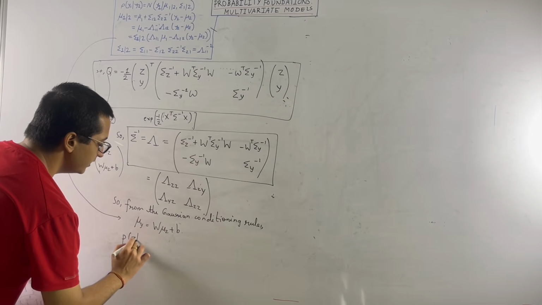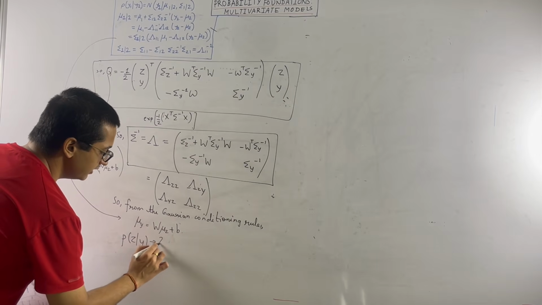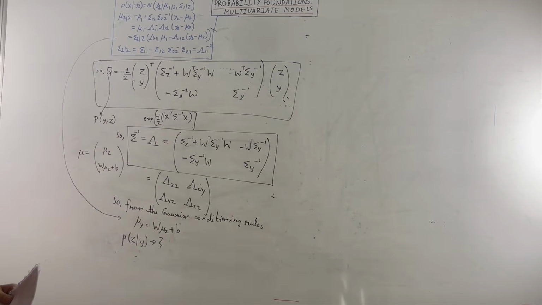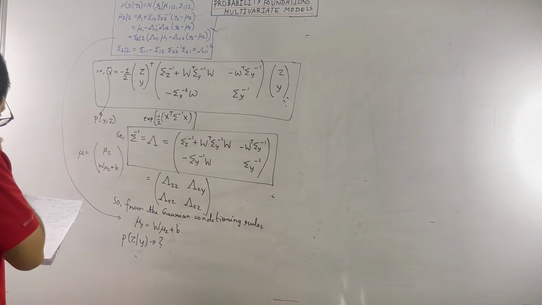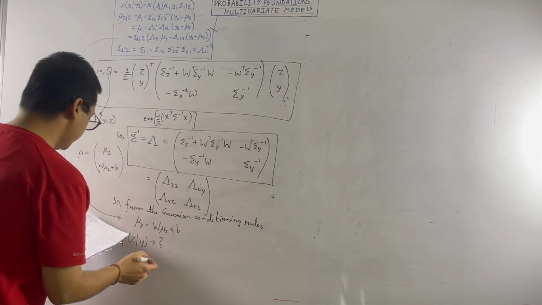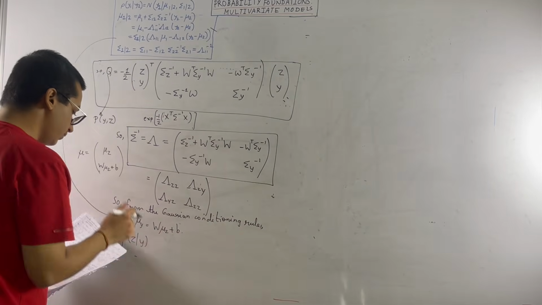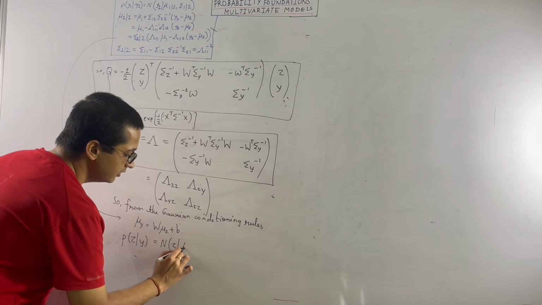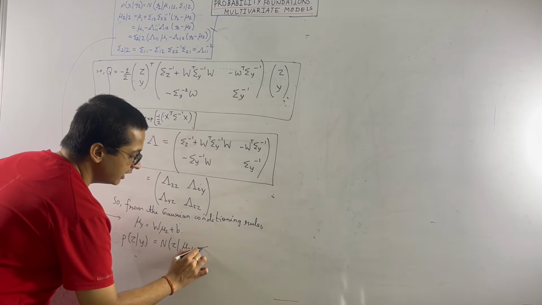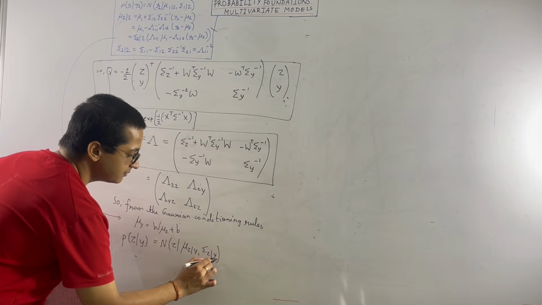P of z given y. This is the most interesting quantity I want to find out, the posterior over the latents. P of z given y is again a normal distribution with the posterior mean and the posterior covariance.